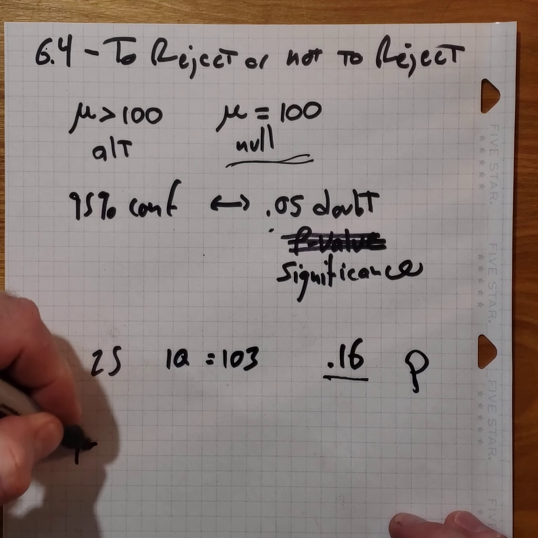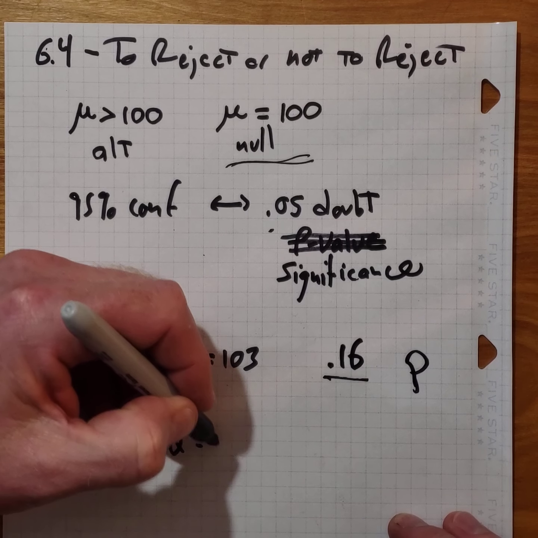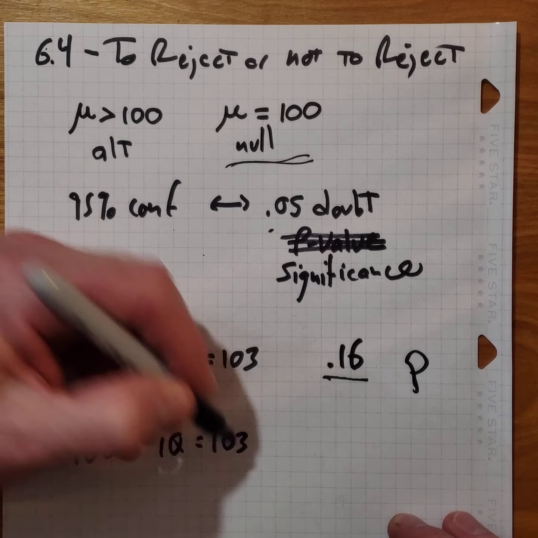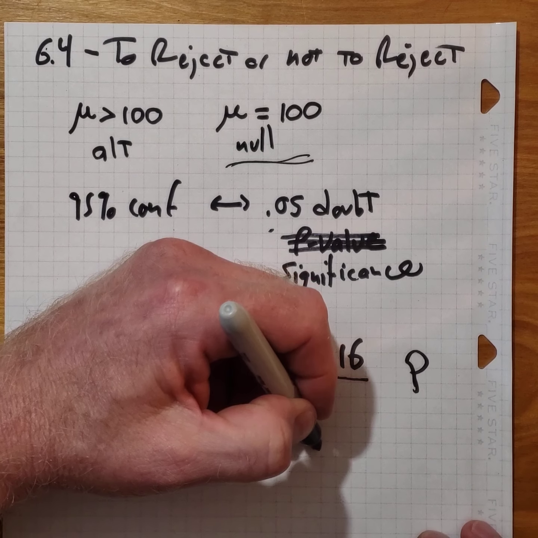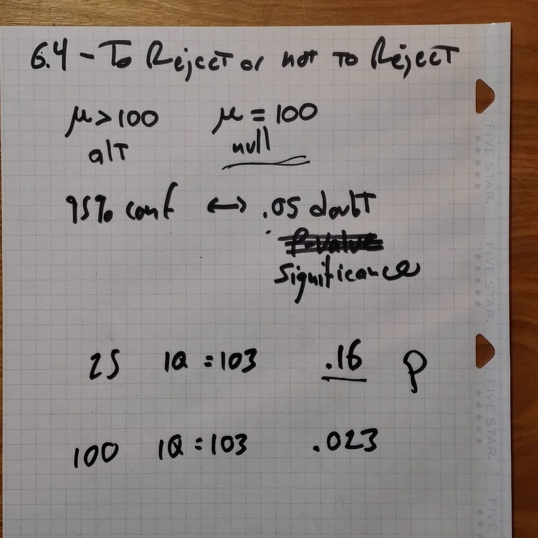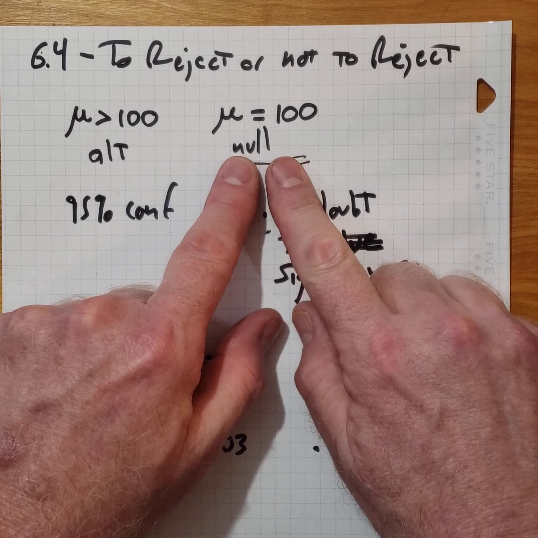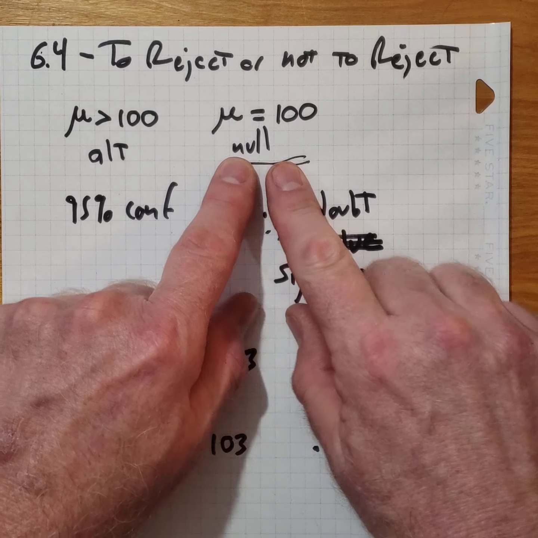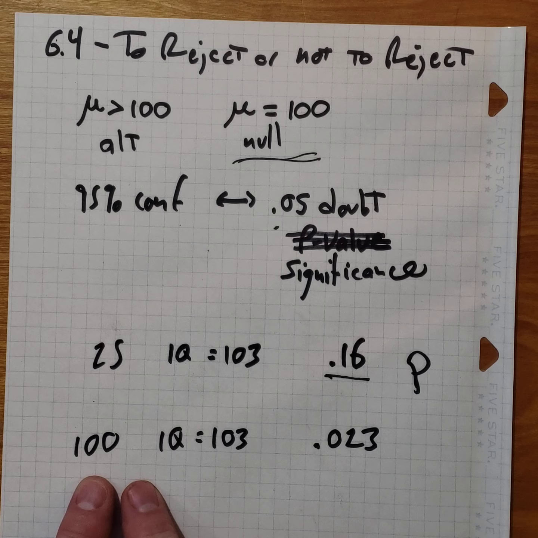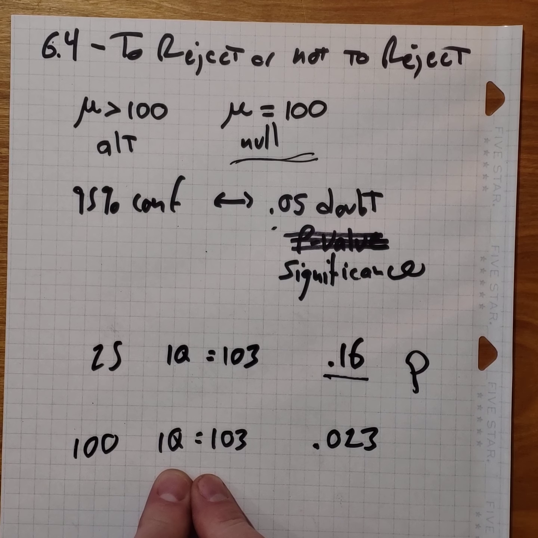If you remember, we then took a sample of 100, found the average IQ for that sample of 100 was 103. That only happened 0.023, or 2.3% of the time. So again, if it's true that Jefferson College is average, then a sample of 100 chosen at random from Jeffco would have an IQ of 103.